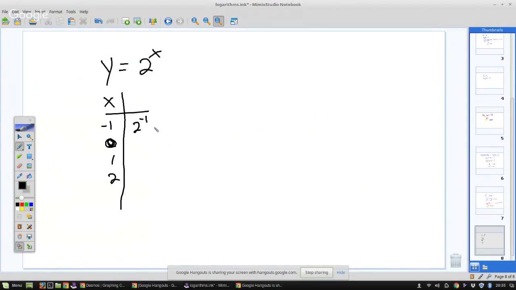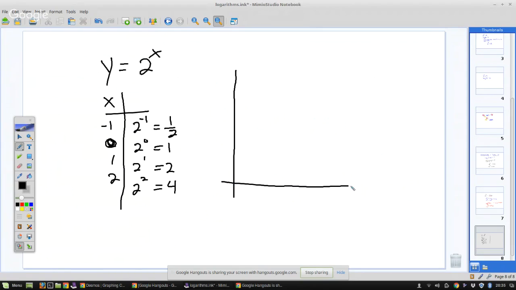So 2 to the -1 is a half. 2 to the 0 is 1. 2 to the first is 2. 2 to the second is 4. So, a quick sketch graphically. I get the point -1, 1/2, which would be about right there.